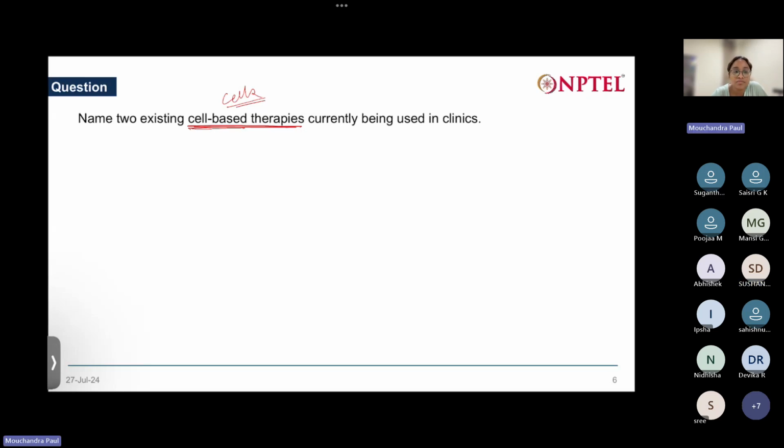So blood contains cells. So can you say that blood transfusion is a cell-based therapy, right? No? Do you guys agree?